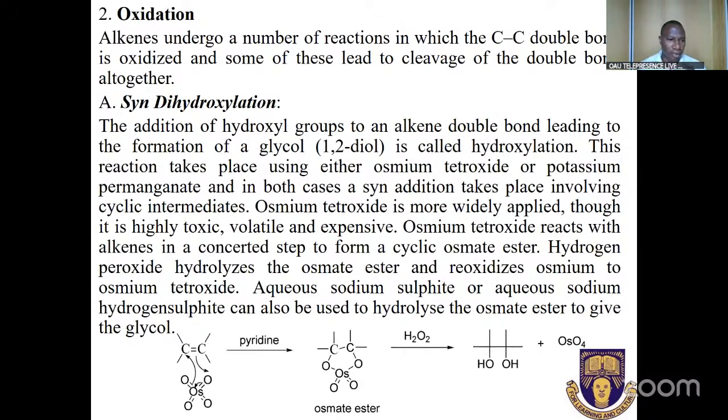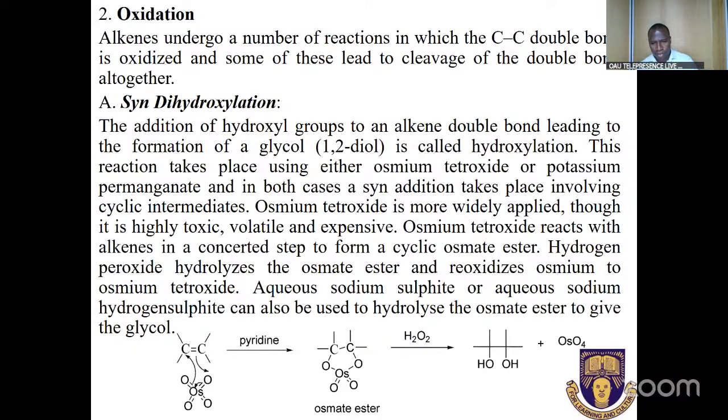So, the first class of oxidation reactions we'll consider is what we call the syn-dihydroxylation. Remember, we came across that word earlier, and I told you it means same side addition. In this case, what we do is carry out a reaction of an alkene with, well, two major reagents are used for this particular reaction.